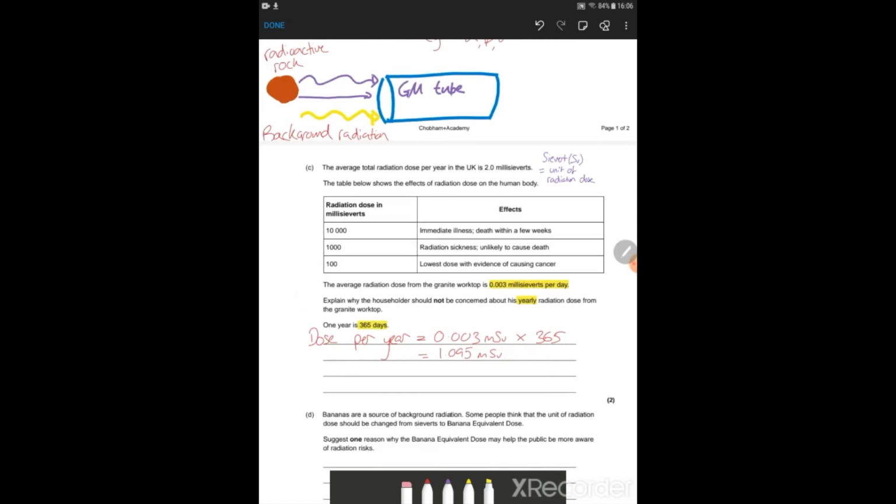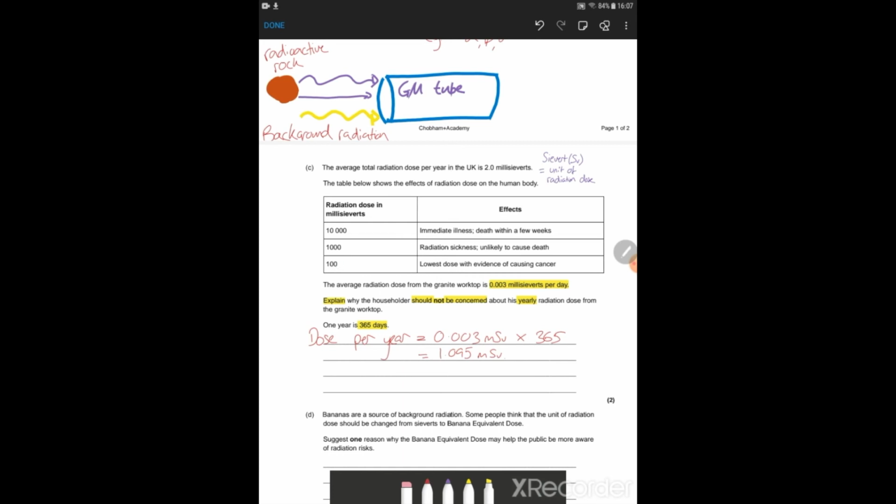But we have not finished the question yet, because the question says explain why he should not be concerned. So, looking back at the table, when should he be concerned? He should be concerned if his radiation dose in millisieverts is equal to or exceeds 100. Now for our example, we have 1.095 millisieverts in 1 year. This is far less than the 100.